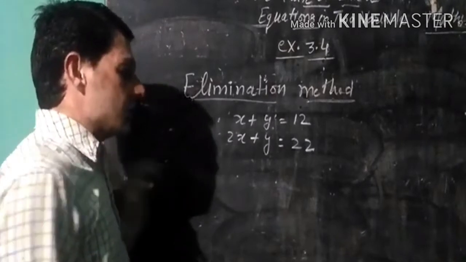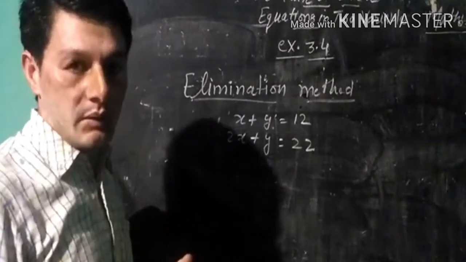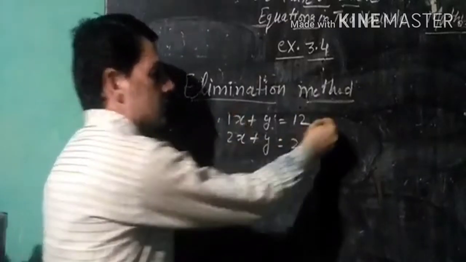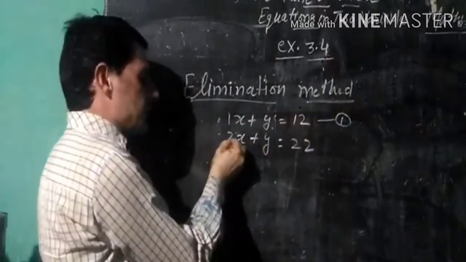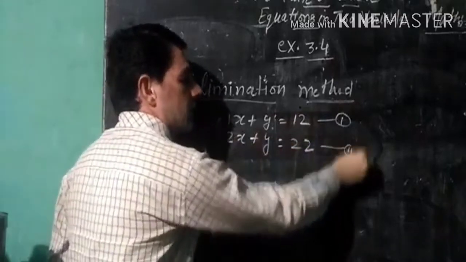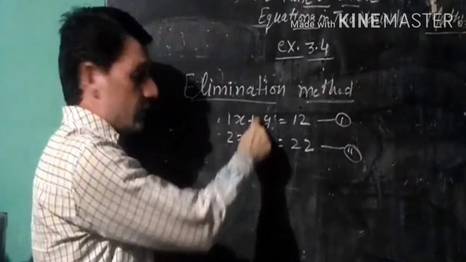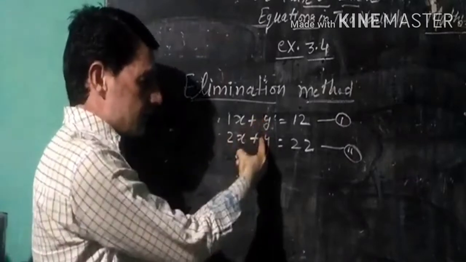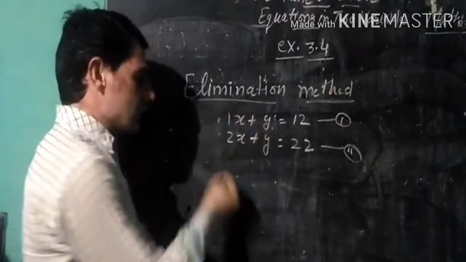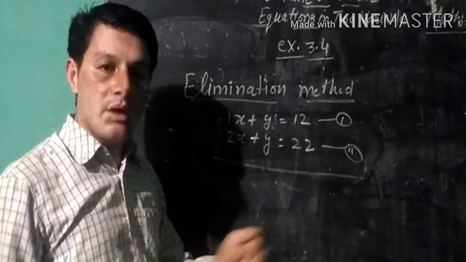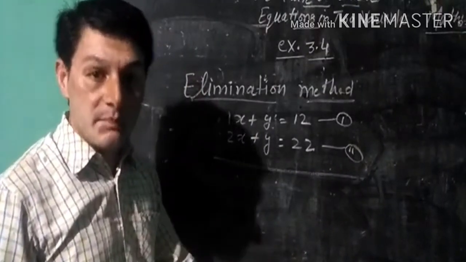Now we need to check the multiple of x are equal or not equal. Here we see that the multiple of x in the first equation is 1 और दूसरे वाले में कितना है? 2 है. इसका मतलब they are not equal. यहाँ पे हम y के मल्टीपल देख रहे हैं कि वो दोनों के दोनों इक्वल हैं आपस में. ये भी 1 है प्लस का, ये भी किसका है? प्लस का 1. तो इसका मतलब डायरेक्टली we need to subtract them. या तो आपके पास x के मल्टीपल इक्वल हो या y के इक्वल हो. अगर इक्वल नहीं है तो we need to make them equal.